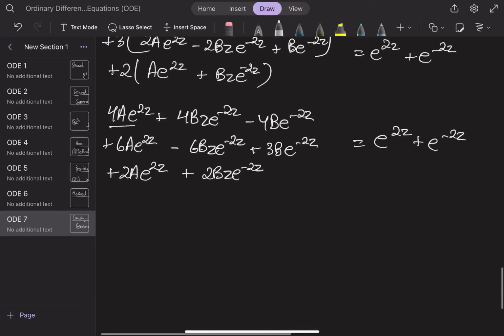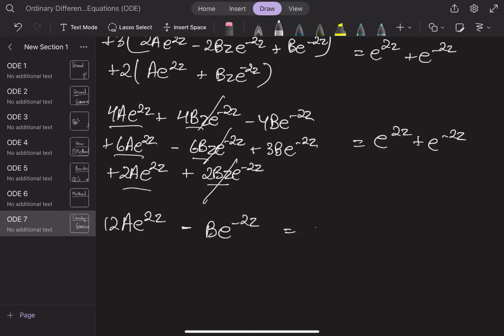So we can add these terms. This gives us 12A e raised to 2z, 4 minus 6 plus 2, so these get cancelled out, minus B e raised to minus 2z is equal to e raised to 2z plus e raised to minus 2z.